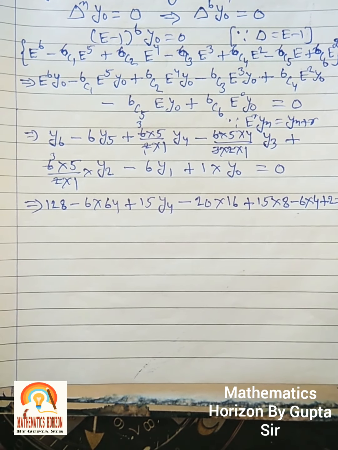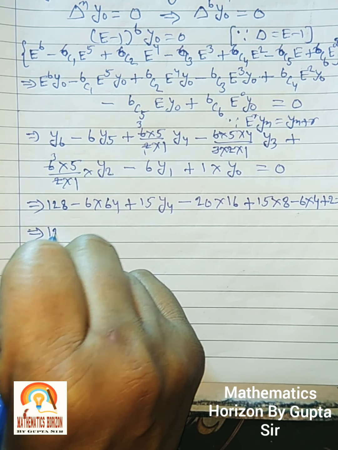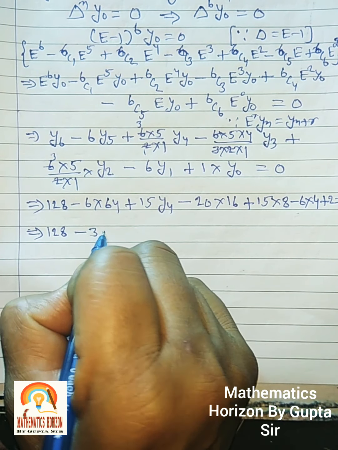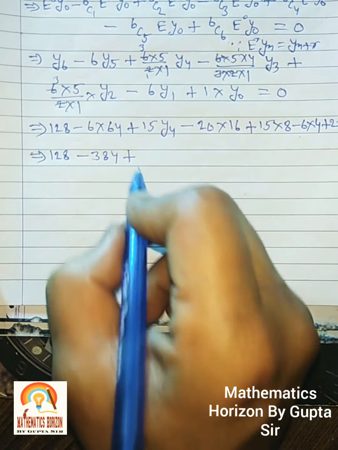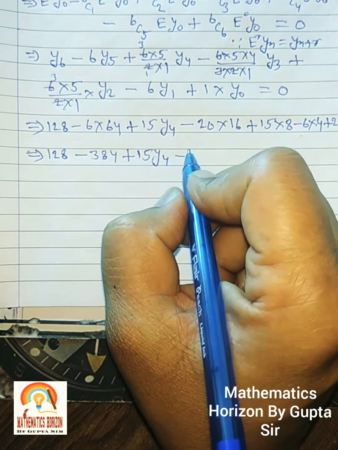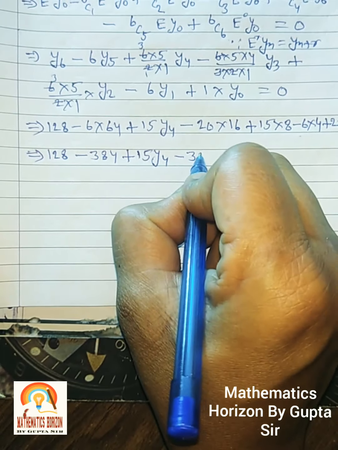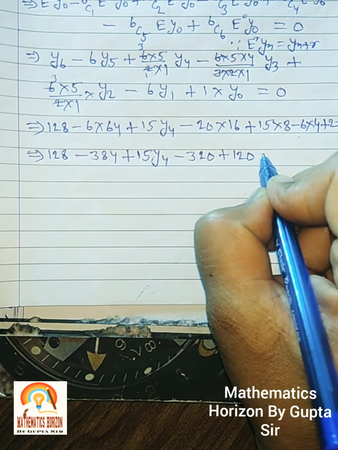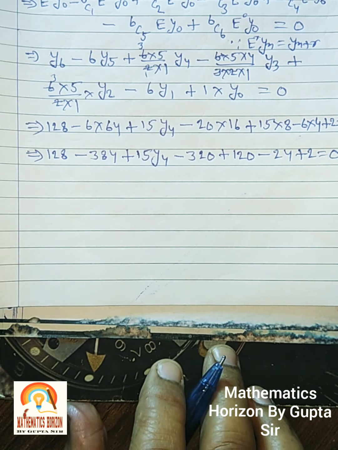Now solving this: 128 minus 6 into 64, which is 384, plus 15 y4 as it is, minus 20 into 16, that is 320, plus 15 into 8, that is 120, minus 24, plus 2 is equal to 0.